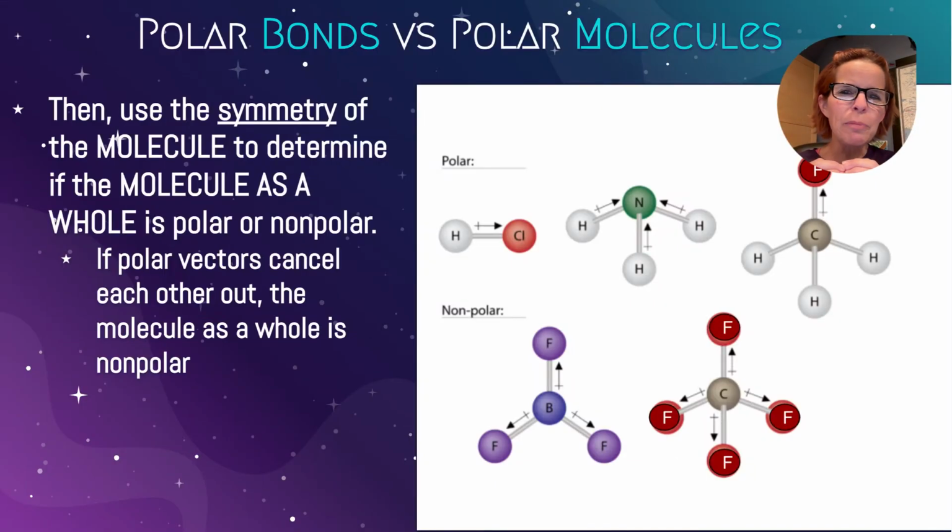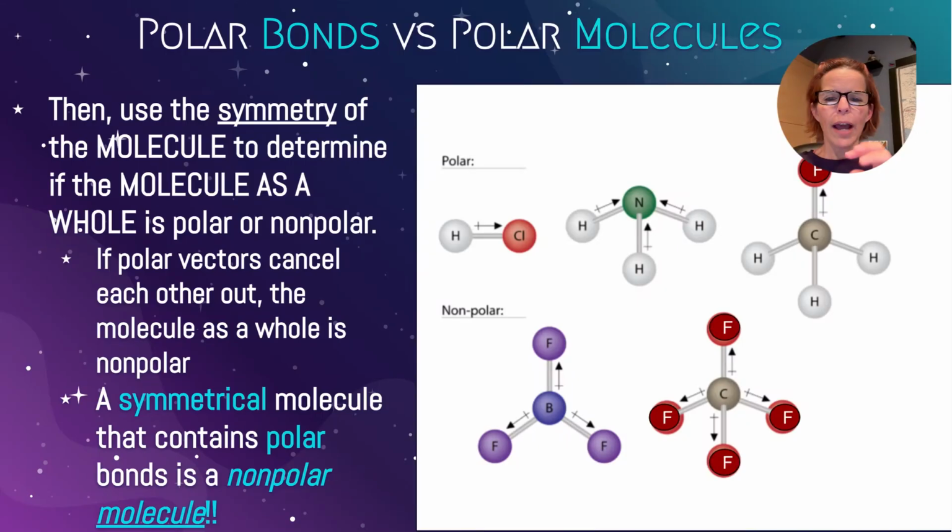So asymmetrical molecules can't cancel each other out. So let's read what it says here. It says, if polar vectors cancel each other out, the molecule as a whole is nonpolar. So a symmetrical molecule, what counts as symmetrical? Linear and tetrahedral sometimes.